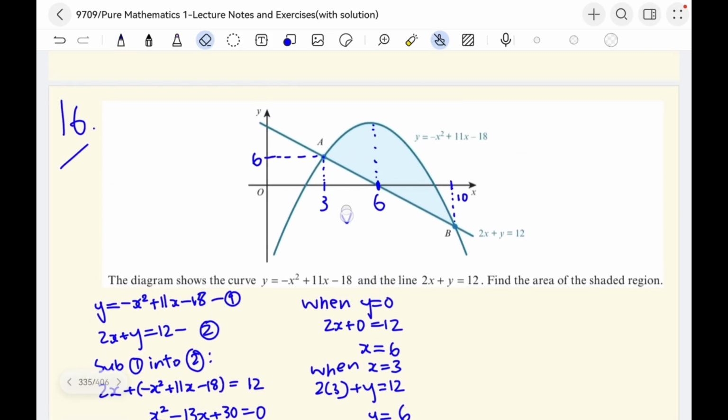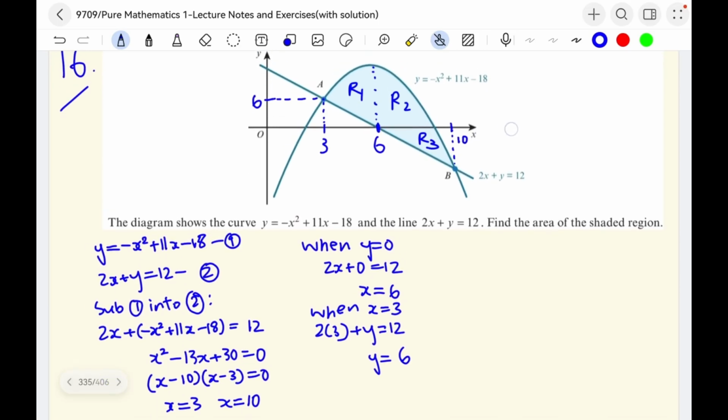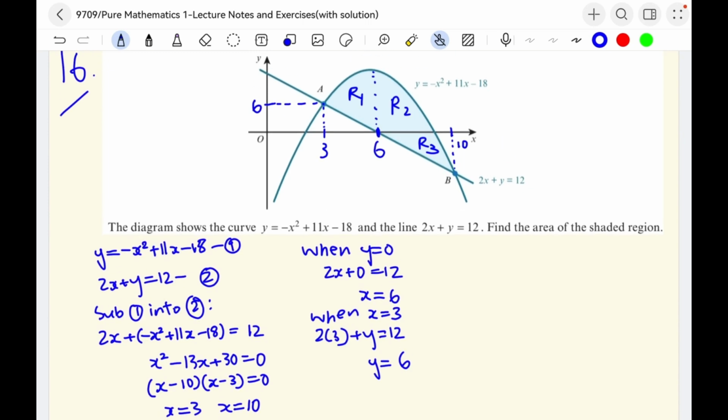So, let me name this as region 1, region 2, and region 3. So, let's start from region 1. Okay, how to get region 1? Region 1 is the integral from 3 to 6, where the integrand is the quadratic function, dx, minus the area of the triangle, which is half times 3 times 6.